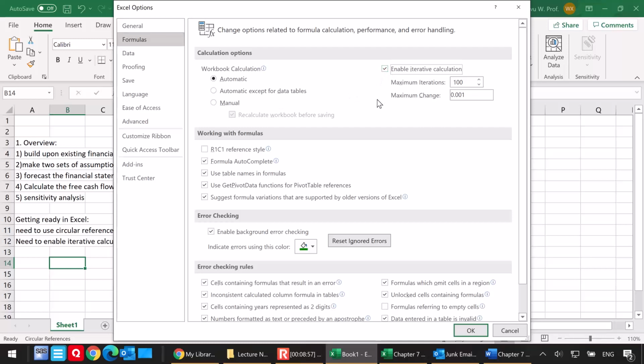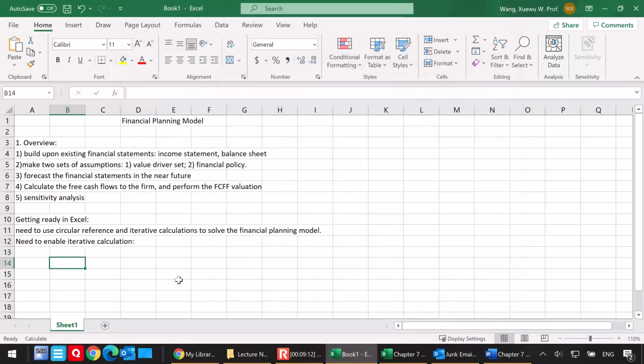We don't have to change the maximum iterations or the maximum change. In most cases it's very straightforward for Excel to solve. Click OK, and now it's enabled.